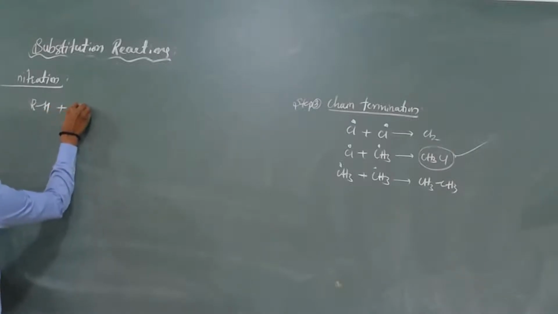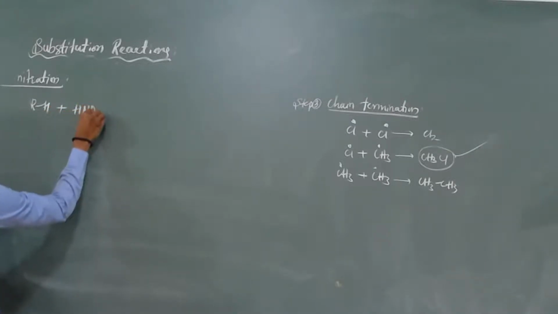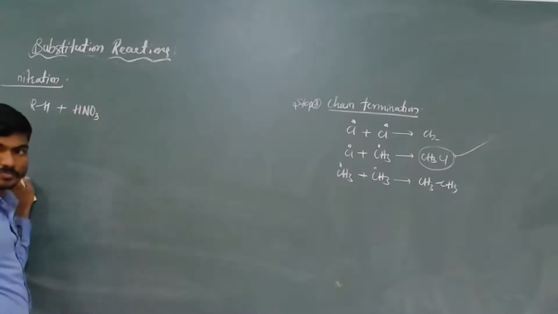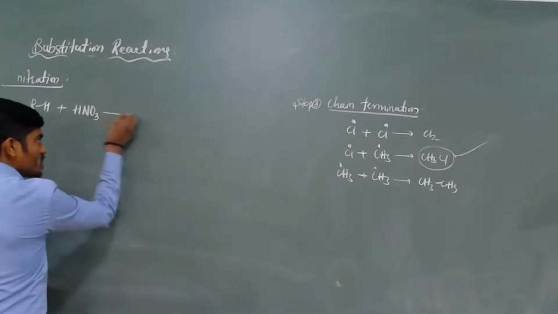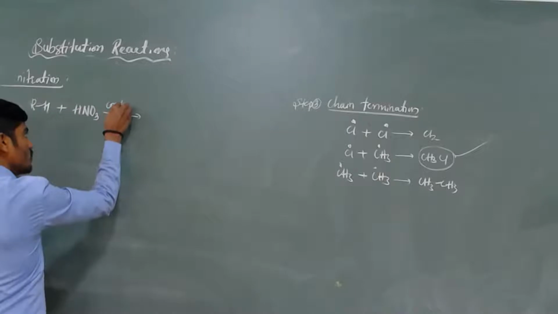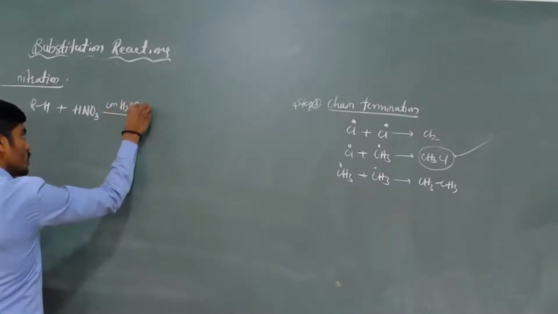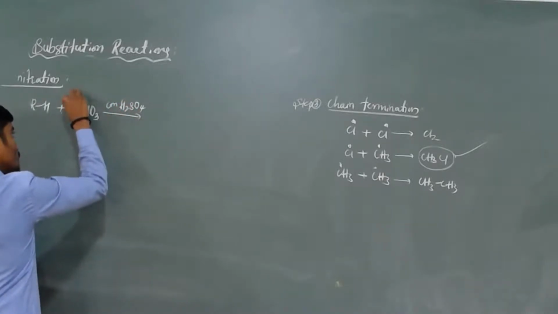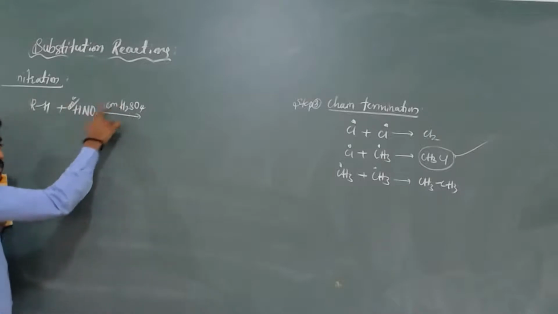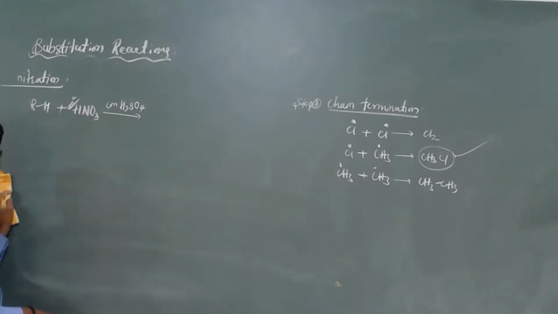If this is reacting with concentrated HNO3 in the presence of concentrated H2SO4, remember, this mixture is known as nitrating mixture. The mixture of concentrated HNO3 and H2SO4 is known as nitrating mixture.